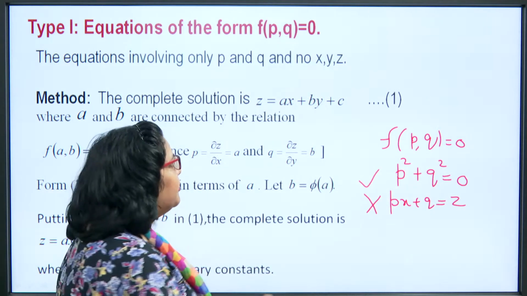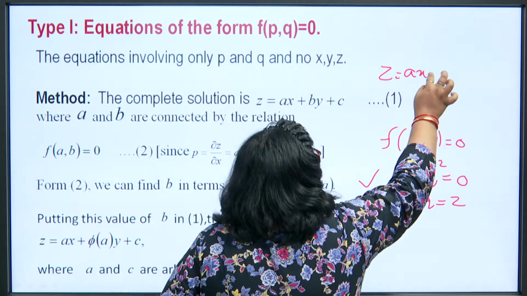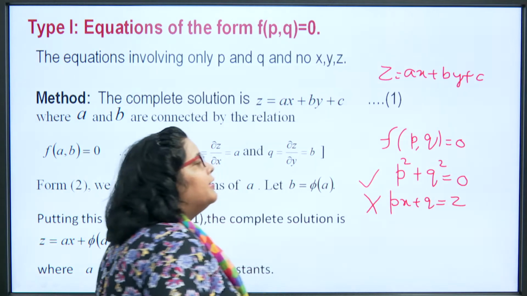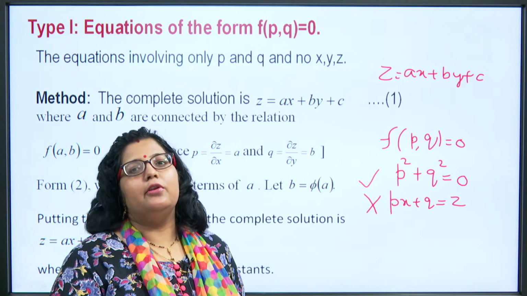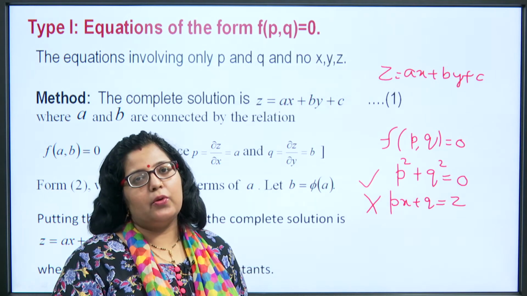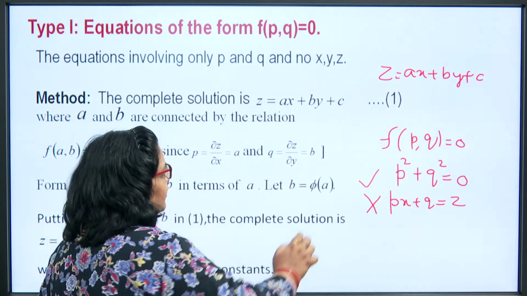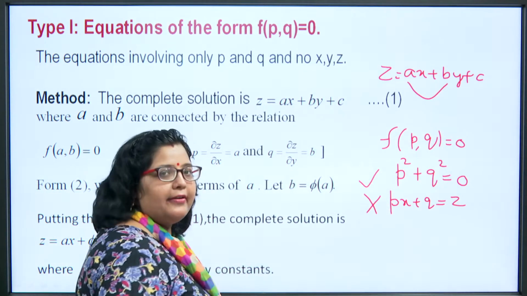For this we assume the solution is z equal to ax plus by plus c. We see that there are 3 arbitrary constants a, b, c, but we know a non-linear partial differential equation has 2 arbitrary constants. So we reduce this solution to 2 arbitrary constants.